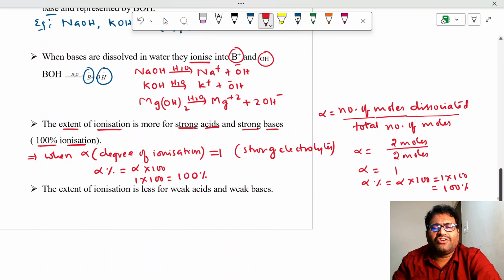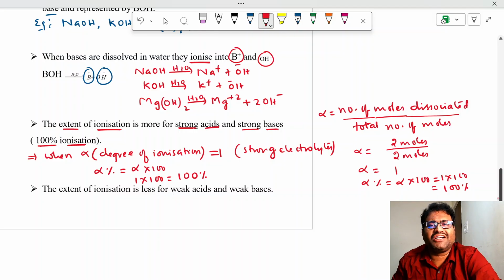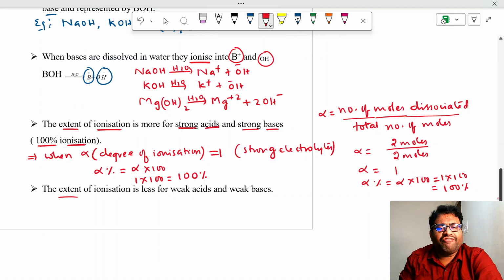So how do you differentiate strong electrolyte and weak electrolyte? Simply, if alpha is equal to 1, that means it is completely dissociating, we say that it is a strong electrolyte. If it is not dissociating completely, if alpha is not equal to 1, we consider it not a strong electrolyte, so it can be considered a weak electrolyte. So the extent of ionization is less for weak acids and weak bases.